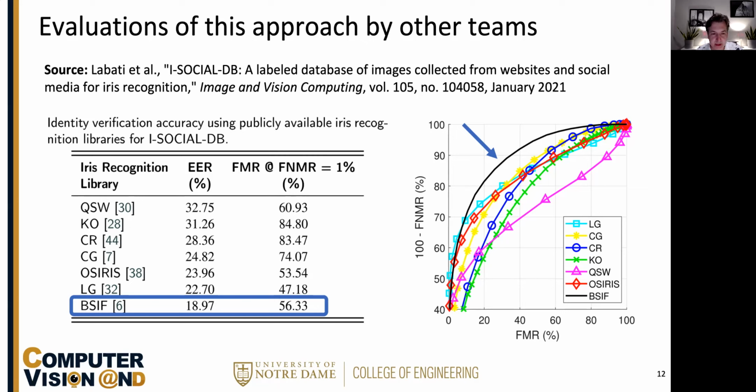It's RGB, and probably the resolution was also quite small. So this is why we see quite high equal error rates. But the BSIF based method proposed by us proved to be the most accurate in terms of equal error rate and also in terms of the ROC curve on the right.